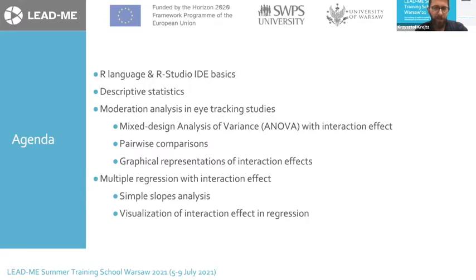The second analytical method of moderation we're going to talk about is regression, and it's going to be a bit more complicated: multiple regression with interaction effect, widely used as well, which is often followed by simple slopes, sometimes called trends analysis, and of course visualization at the end.